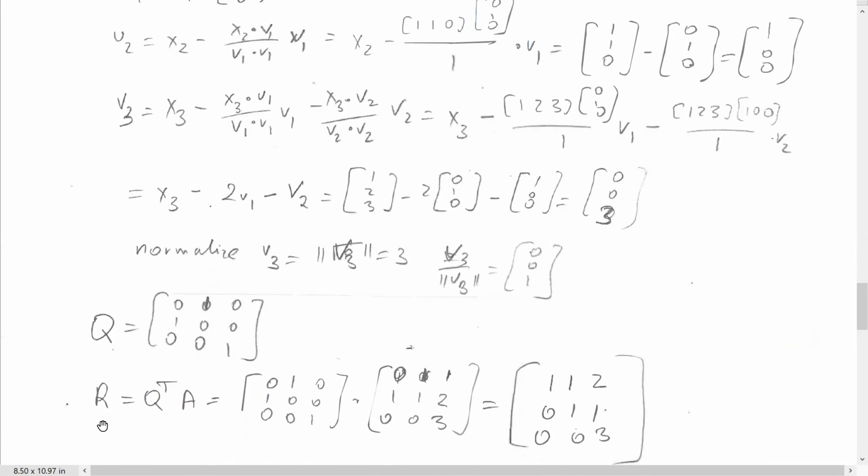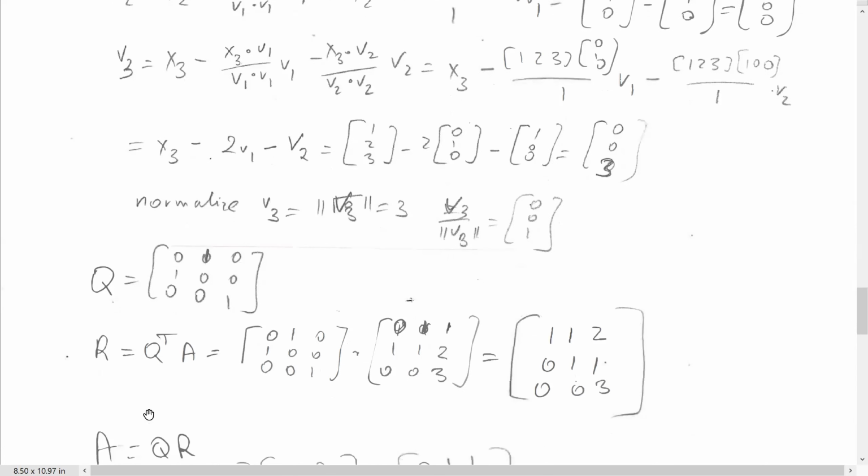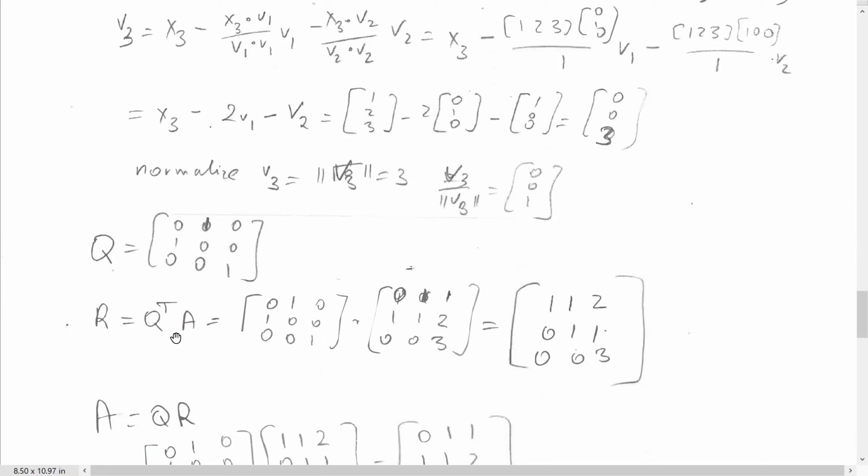To find matrix R, we already said we need to take Q transpose times the matrix A. So Q transpose takes the row, puts it as a column, takes the next row, puts it as column 2, takes the next row, puts it as a column. It just happened, just by coincidence, that this Q and Q transpose are the same. Sometimes it can be, but not always.